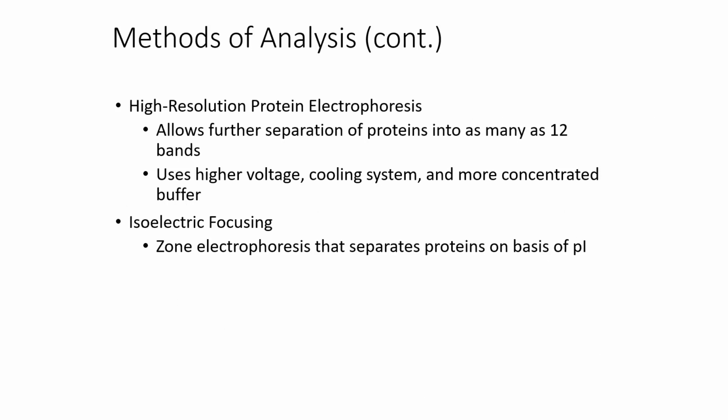High-resolution protein electrophoresis allows for further separation of proteins into as many as 12 bands. So instead of seeing the typical 5 bands, we can separate it into 12 bands. It uses higher voltage, a cooling system, and more concentrated buffer. This allows us to determine individual components within each one of the main bands.